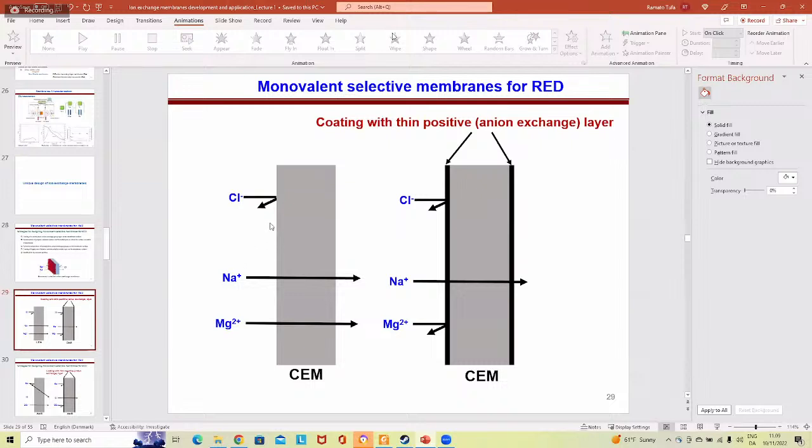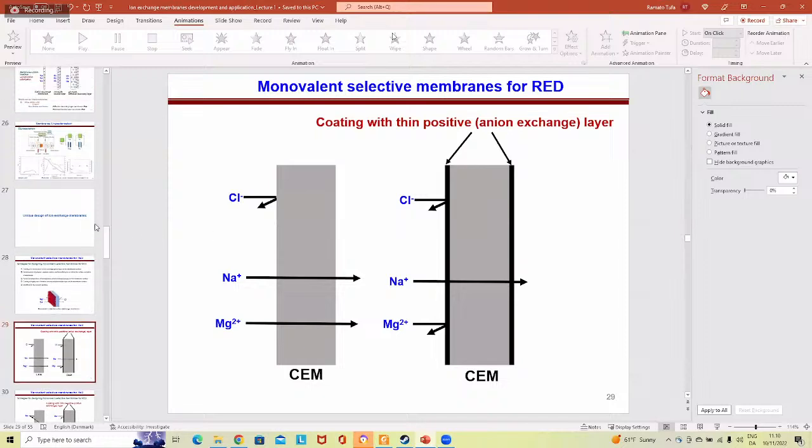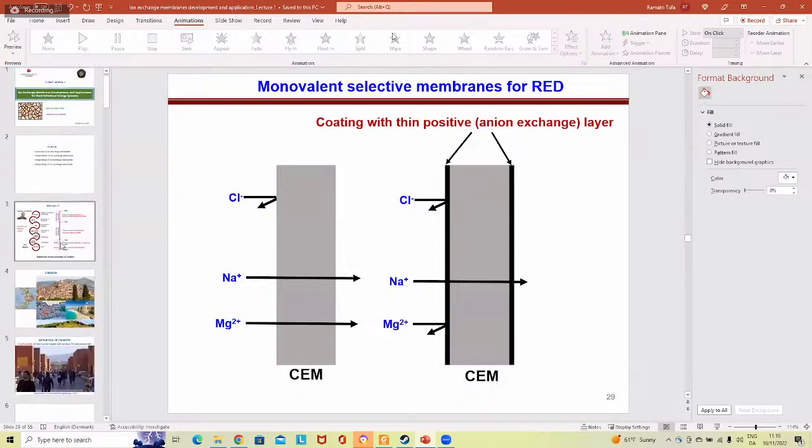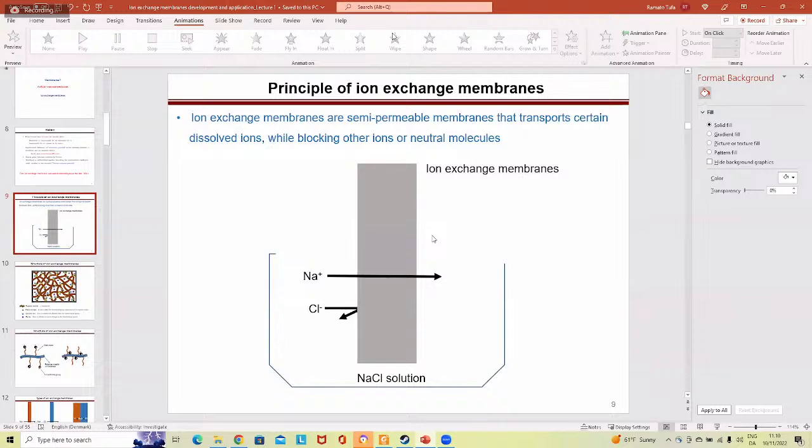Maybe instead, let me show you this one. Here you can see that sodium is passing and chlorine is blocked. The membrane is there, and the permselectivity is how well the chlorine is blocked.